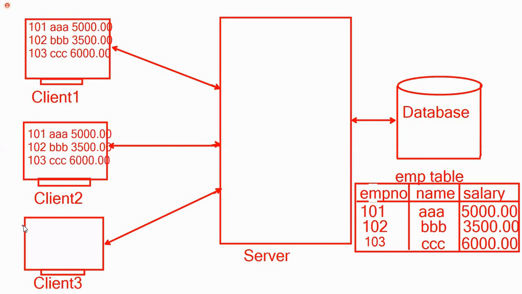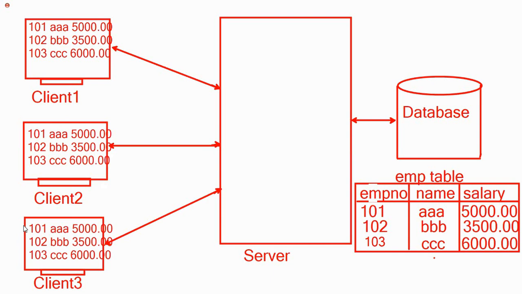Now, suppose from client 1, this is the table, that is the result set.